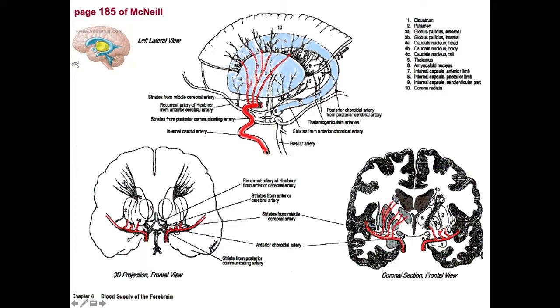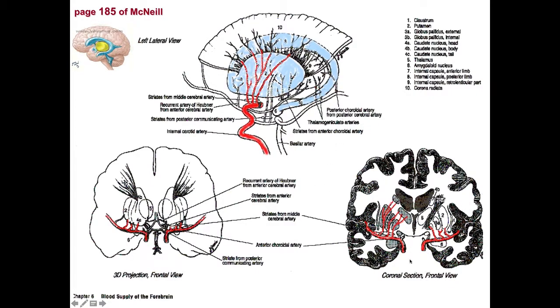Here we're watching the internal carotid artery snake up and feed into the middle cerebral artery, right here. And then we have these striate arteries that arise from the middle cerebral artery, feeding into the basal ganglia, some of those deep nuclei of the telencephalon, which is important for maintaining the perfusion of that area.